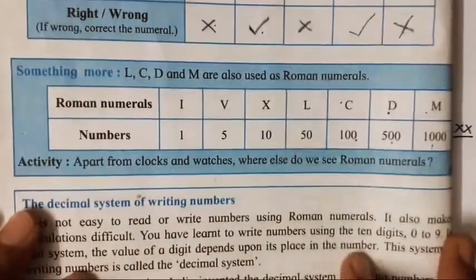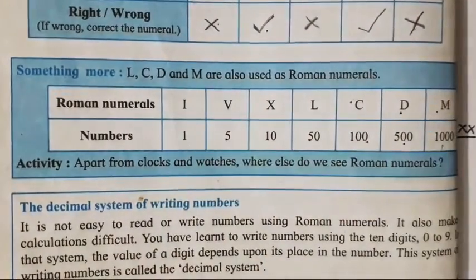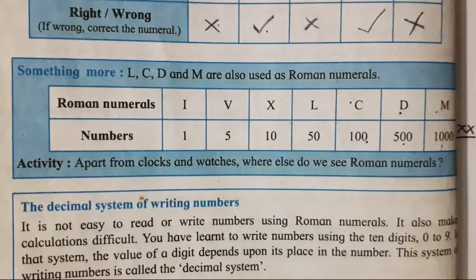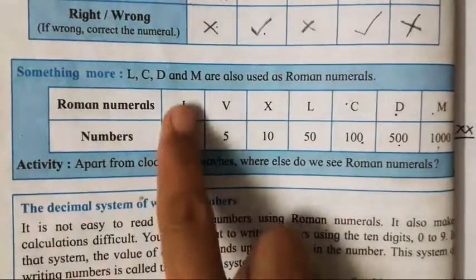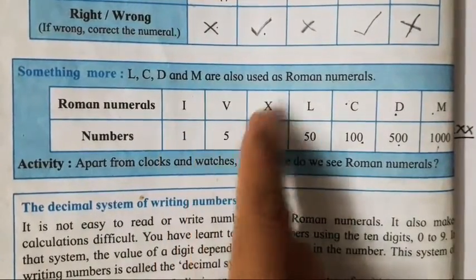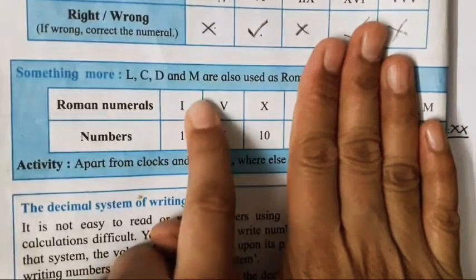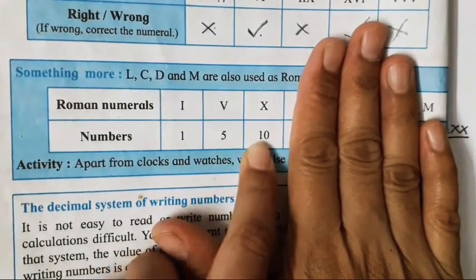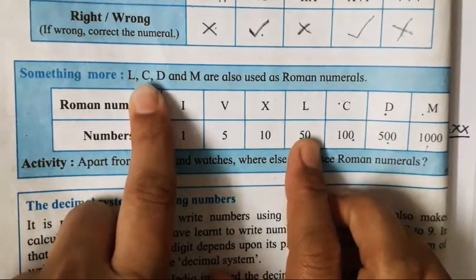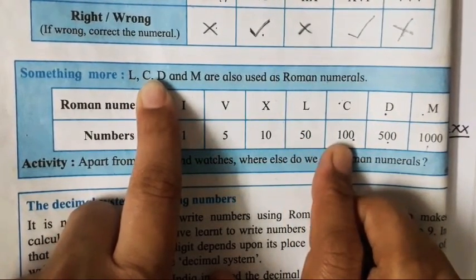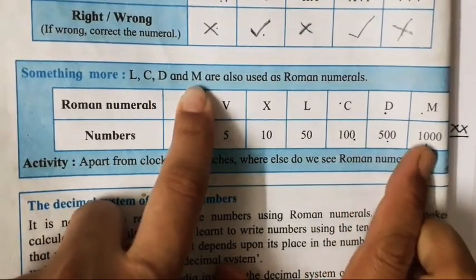There are more numerals that you have to understand. So this can be asked in the form of fill in the blanks. You have to understand what the letter I denotes, C denotes, like I means 1, V means 5, X means 10. So till here we know what are the alphabets and what are the numbers. But when we write L, L means 50, C means 100, D means 500, M means 1000.